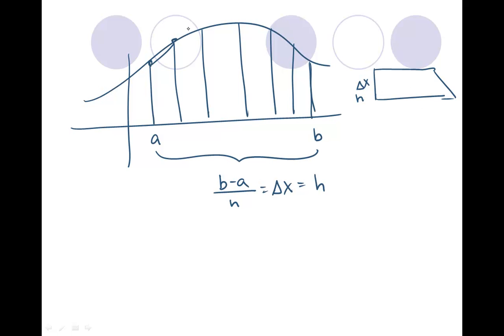Our values here and here would be f of a and f of x sub 1, if this is our first division.